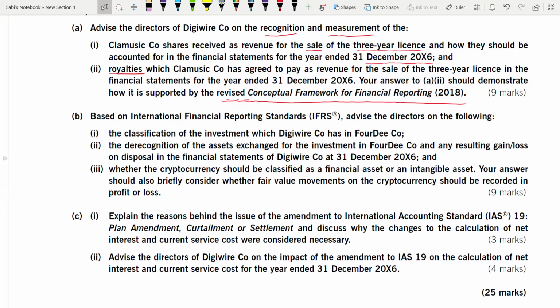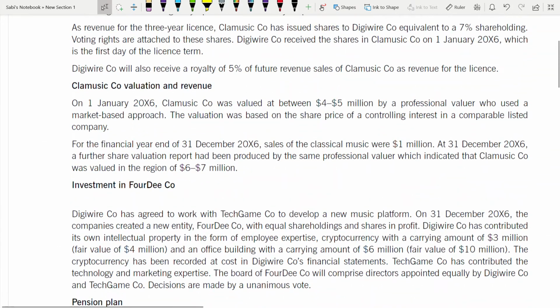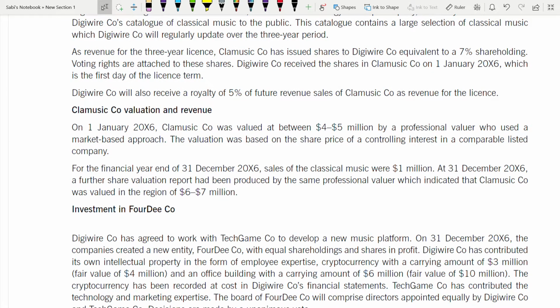Based on the IFRS, so this clearly tells you that it is no IAS, only IFRS. Advise the directors on the following. Which IFRS comes over which? You should know it. First, classification of the investment which DGY has in 4D company. I will clearly take you through the subheadings. Which out of these is required? It is this investment in 4D.